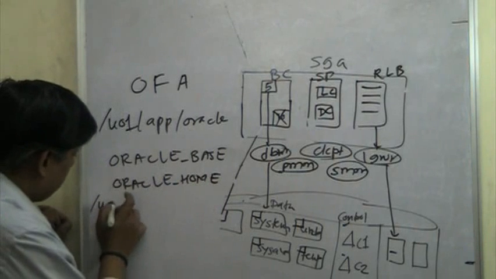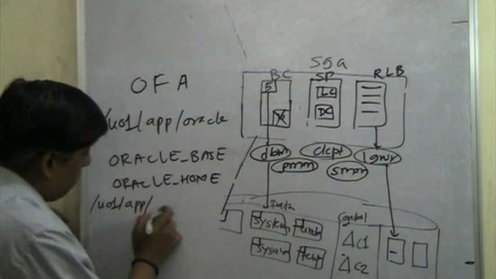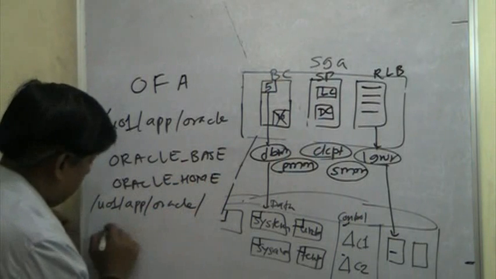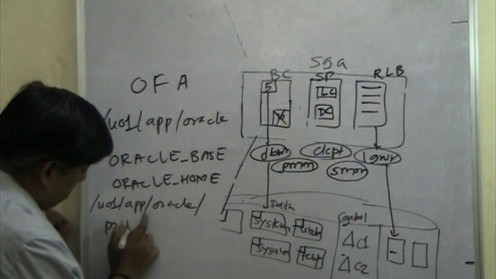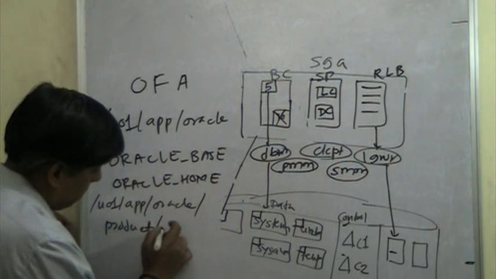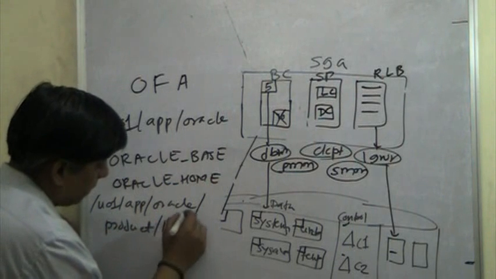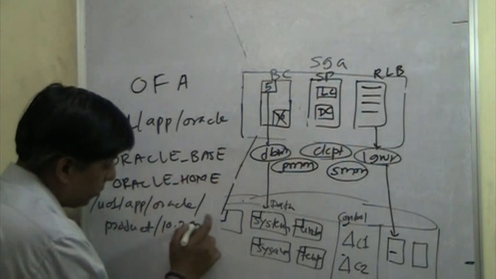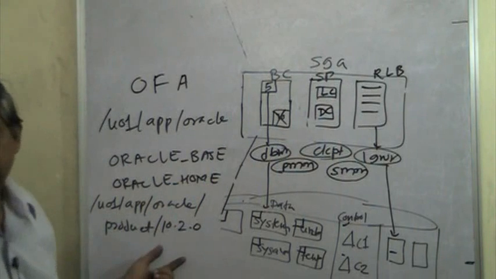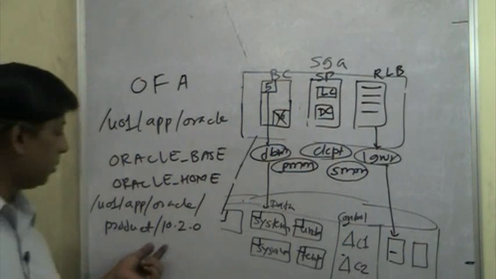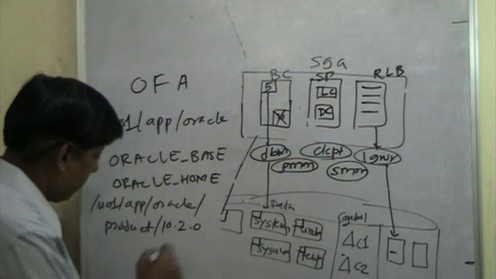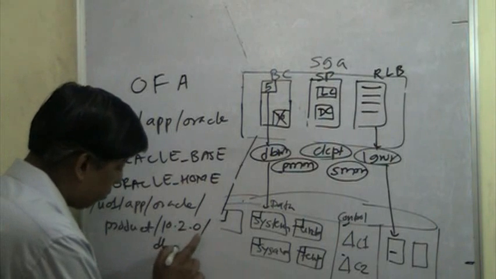It is U01 APP Oracle. Then what? Product, right? Then 10.2, let us say. Why 2? Why not 1? Because we probably are hopefully installing release 2. If we are installing release 1, it will be 10.1.0. And then underneath that DB_1.